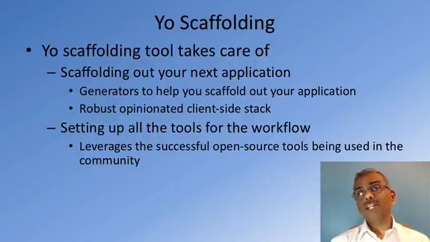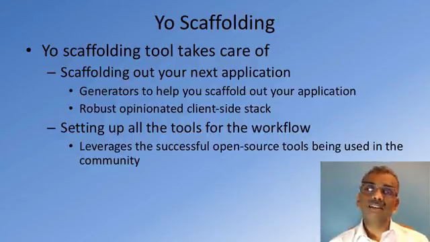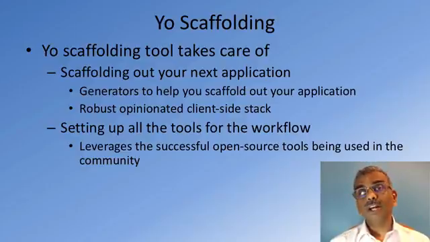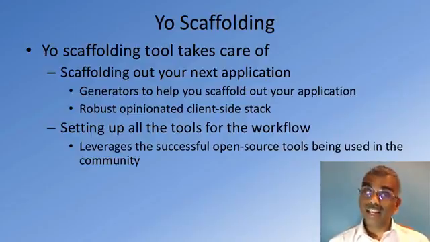If you want to scaffold out a standard Bootstrap web application, there is a generator available for it. There is a big open source community that has come together to build these generators and make them available for other web developers to make use of. You can always find a suitable generator for what you need to get accomplished. If not, you can build your own and then share it with the community.